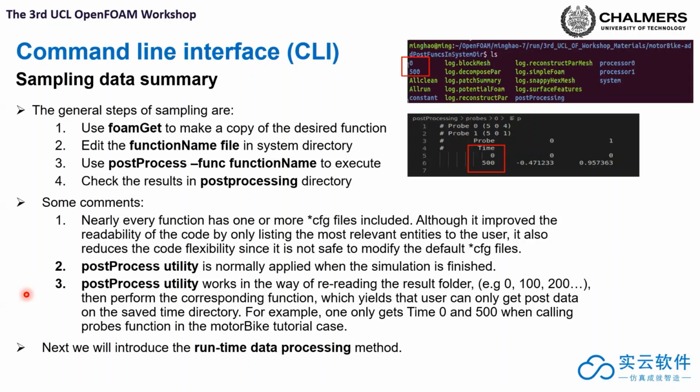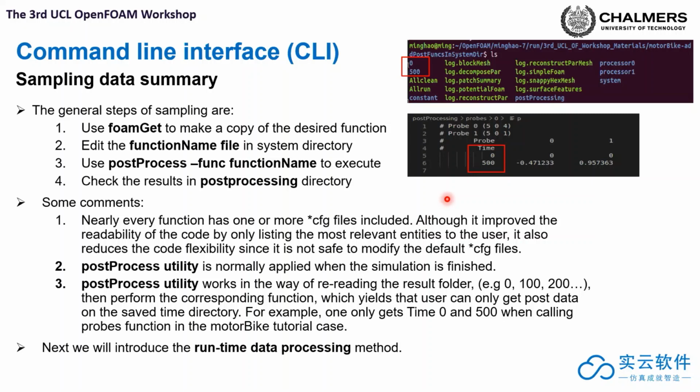So depending on how often you save your results, your postProcess utility will only get data of your saved results, which means in this case, if I only have 0 and 500 time directories, then when I use postProcess, I can only extract data from these 0 and 500 directories, because these are the results I saved in this case.